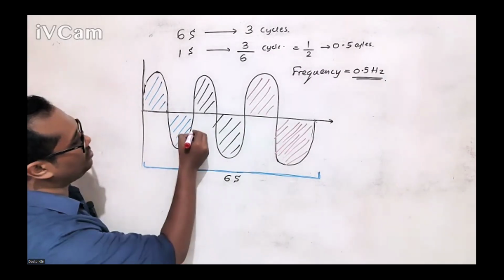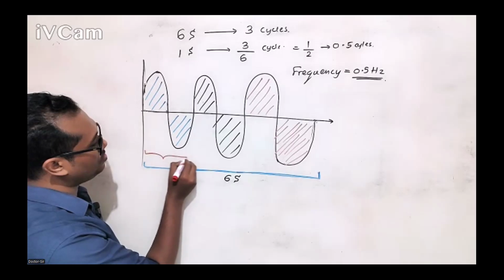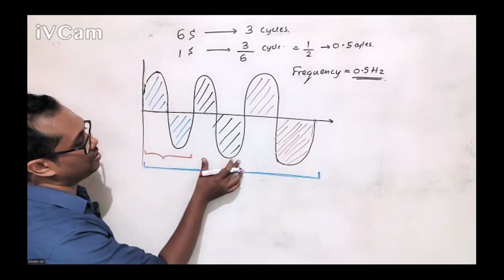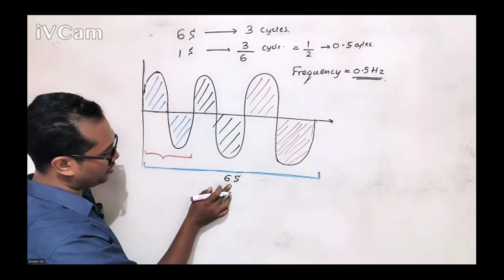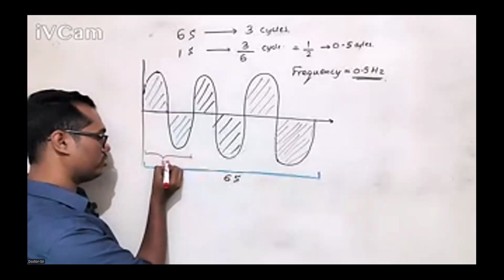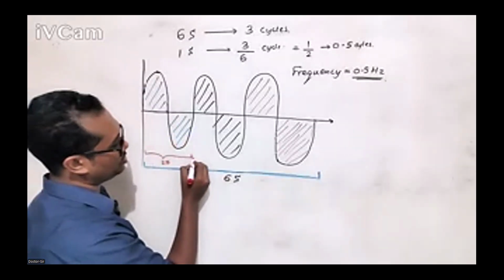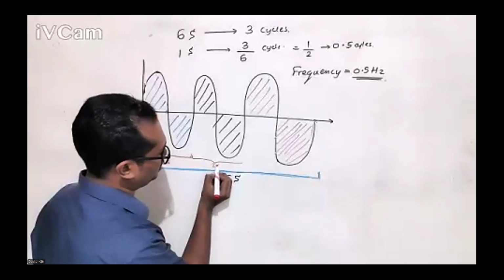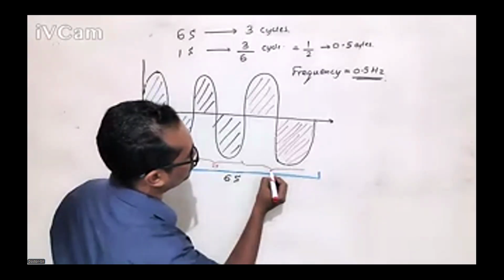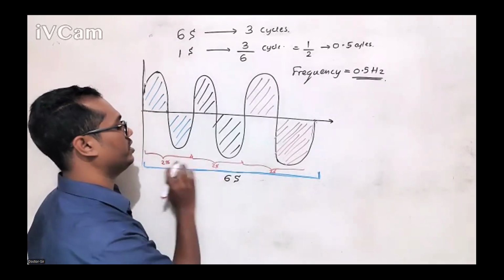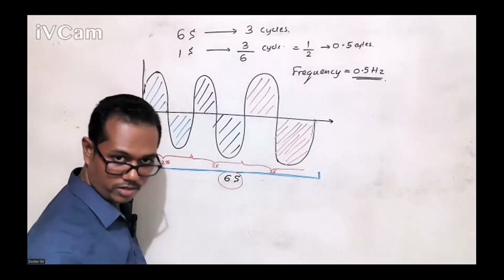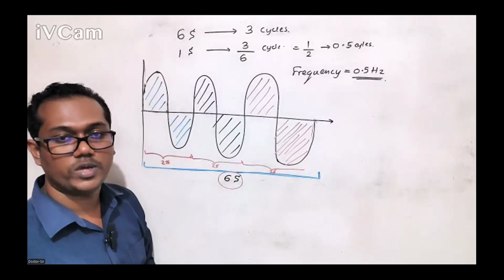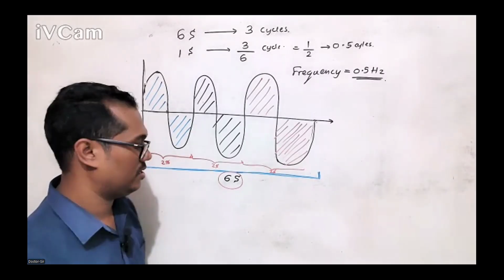So one cycle is 6 divided by 3, which is 2 seconds. This one cycle, 2 seconds. This another cycle, 2 seconds. Then another cycle, 2 seconds. So altogether it is 6 seconds. That is the way we can find out the period.